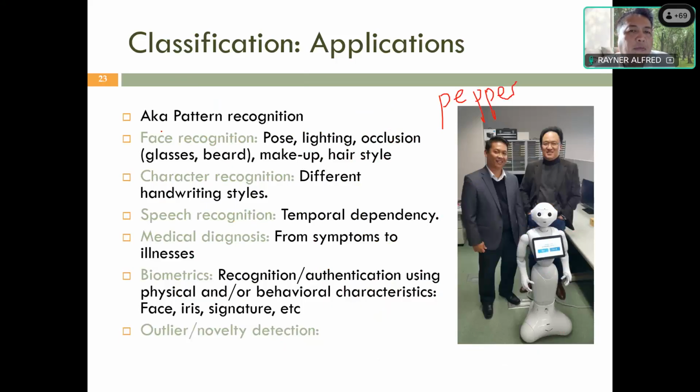Okay. So for classification, we can use for face recognition, character recognition, speech recognition, medical diagnosis using images to classify disease, biometrics, for example, face, thumbprint recognition, or outlier detection. Okay, so that is for classification.